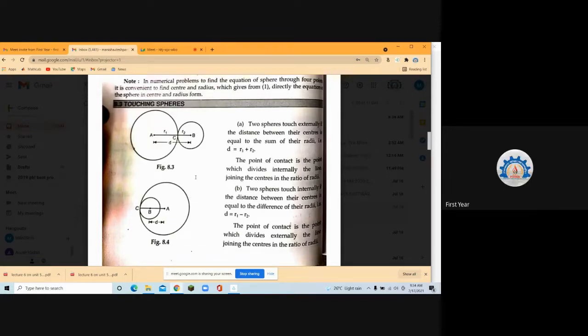Yes, ma'am. Both the spheres are touching each other at one point. Then if we have a sphere S1 and substitute in the second one, then somehow we must get that point. No? Yes, but then it will be an equation of degree 2, na? So solving an equation of degree 2 is anytime lengthier.